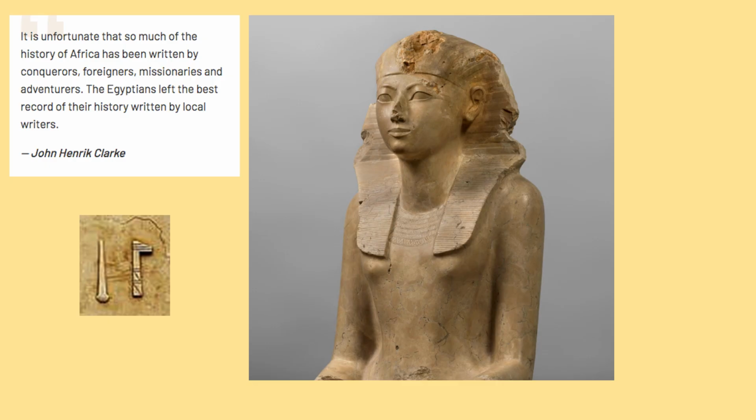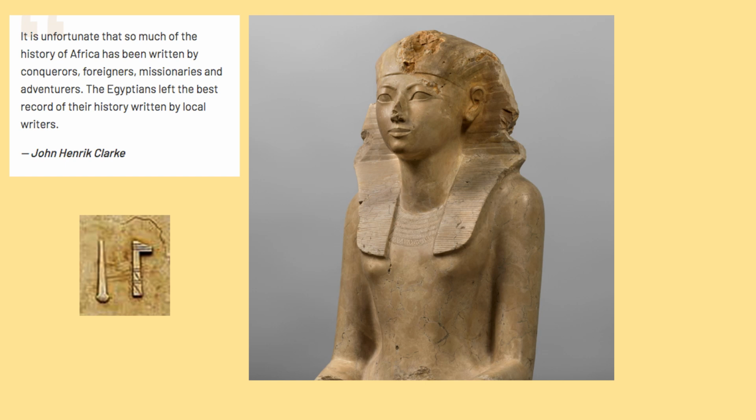It is unfortunate that so much of the history of Africa has been written by conquerors, foreigners, missionaries, and adventurers. The Egyptians left the best record of their history written by local writers, Dr. John Henry Clarke. That writing is in the form we call Medu Neter.